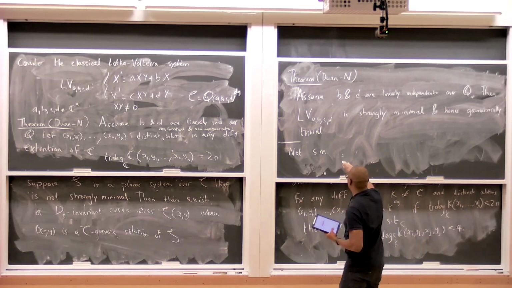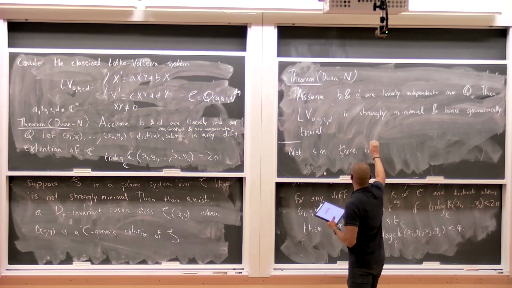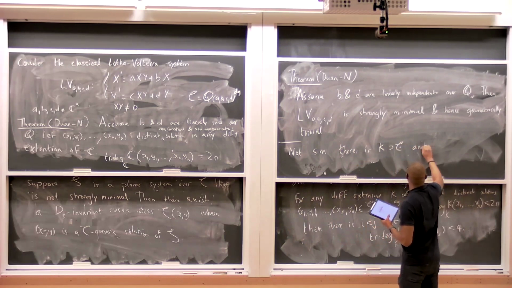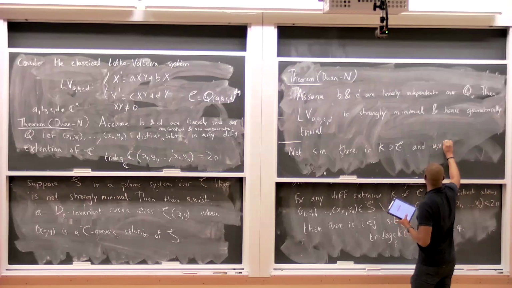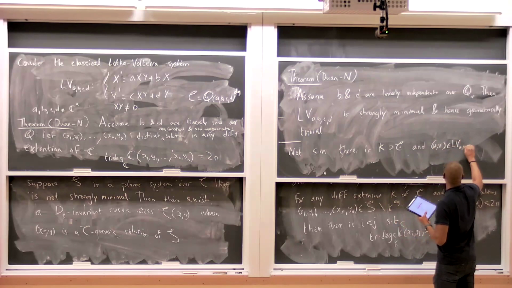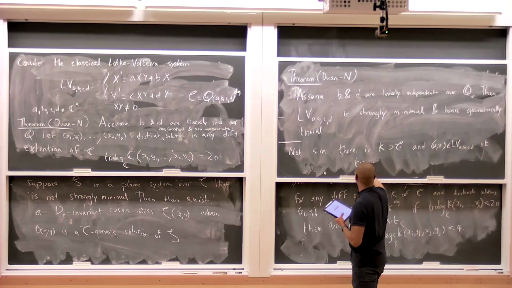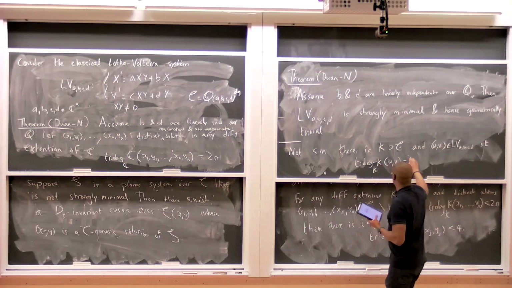So it tells you that there is K extending C, and a solution (U, V), so that the transcendence degree over K of (U, V) is 1.